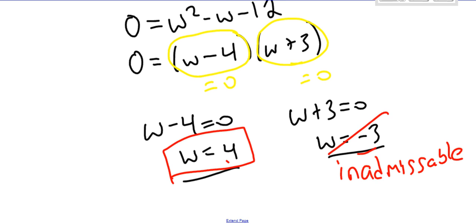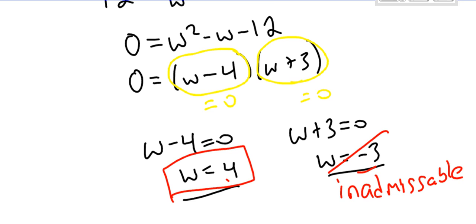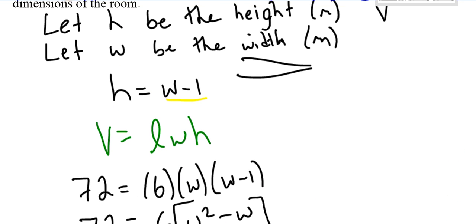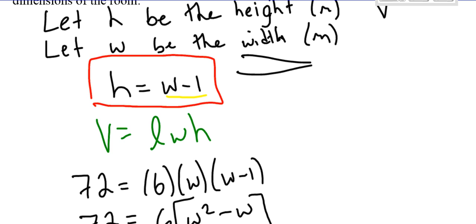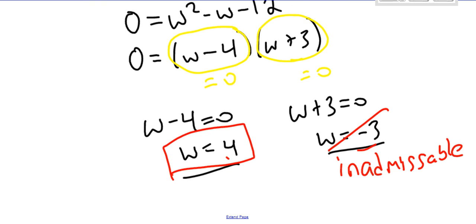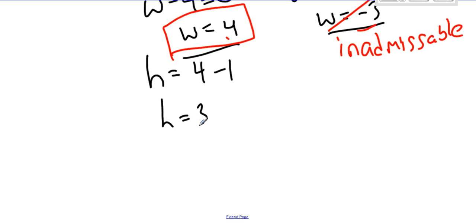So let's work with w equals 4 and see what that gives us. If w equals 4, what does that mean about height? We use the relationship equation from the very beginning: height is width minus 1, so the height is 3.